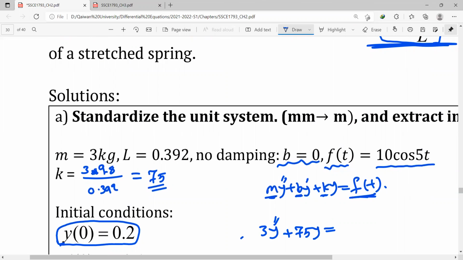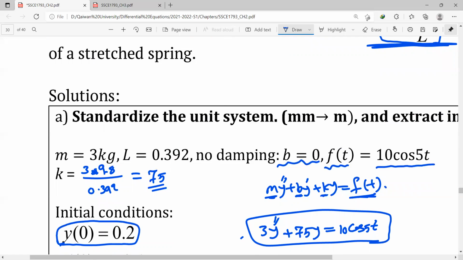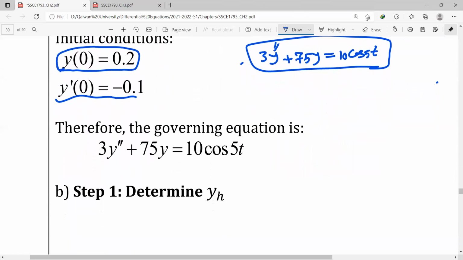y equals f of t, which is 10 cosine 5t. This is the governing equation for that example. Now, to find the displacement at any time, that means we should find y of t.